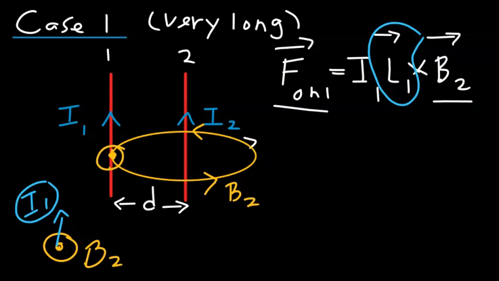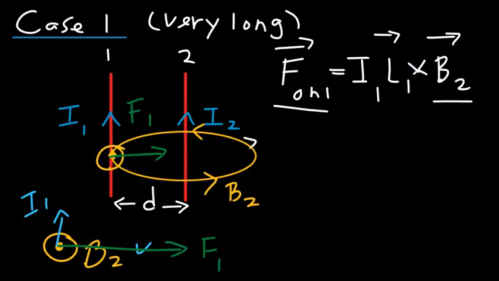Making the cross product between L1 and B2 would give you a direction of magnetic force going like that. So this is the direction of magnetic force on conductor 1. Let's call it F1. It's going to go like that. So that is the expression for the force F1. We note vector L1 has a length L1, it's very long, and the direction of vector L1 is the same as the direction of the current I1.